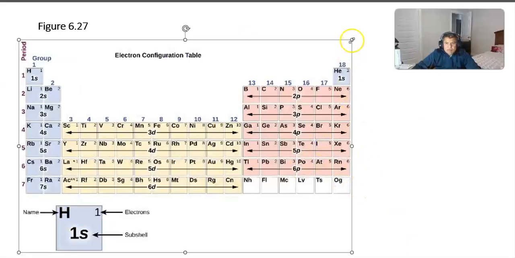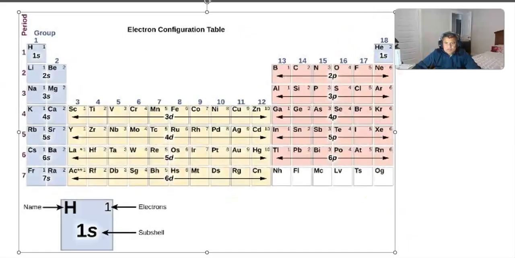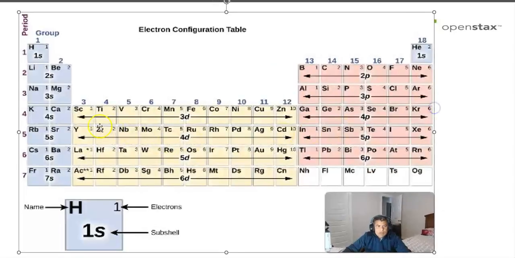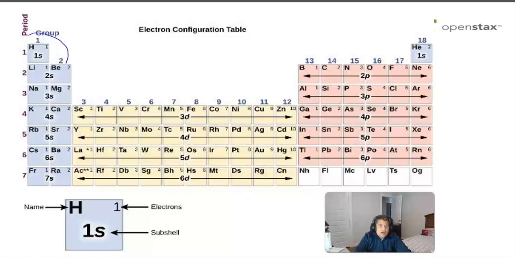Now let's see here. Look at that. These all are s blocks. So these two are s blocks, first and second. Their electronic configuration will end at s. See, these guys are 1s, these are 2s.